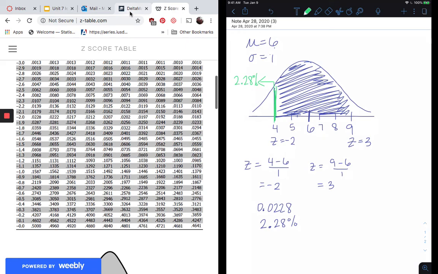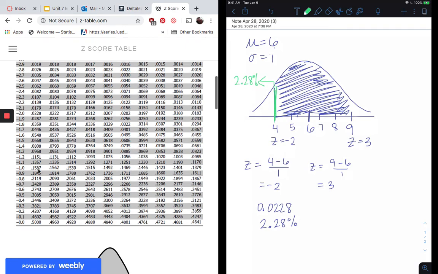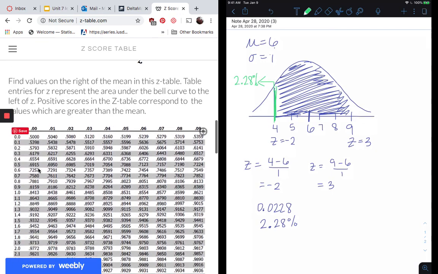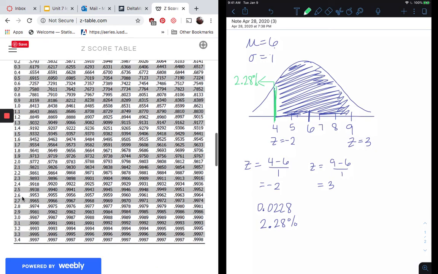And then I'm going to go to a z-score of positive 3. Positive 3 is here, and it's exactly 3, so I'm just going to go to the first number, 3.0, 0.9987, or 99.87%.